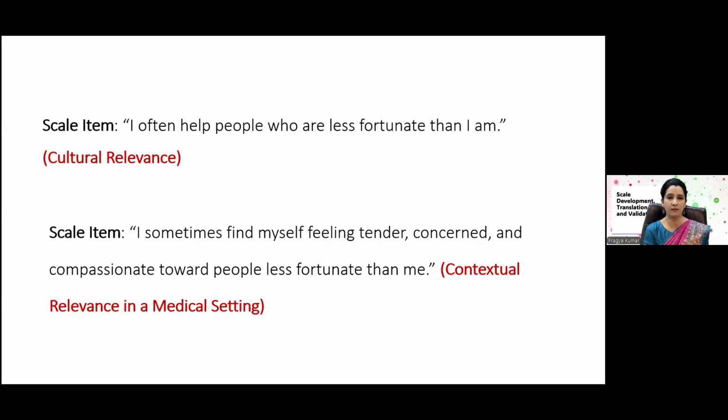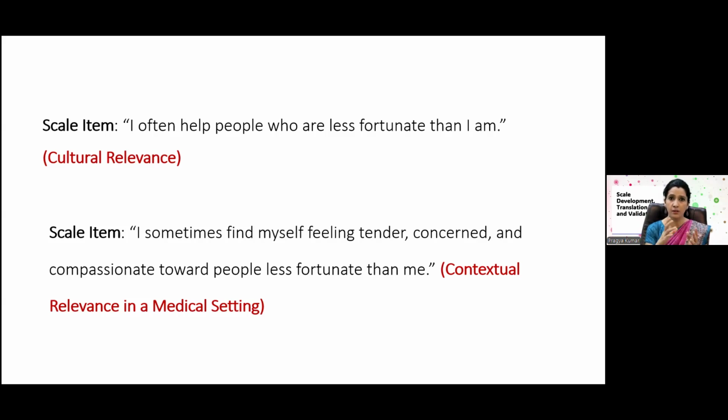Similarly, in many tribal populations or in many areas, people teach their kids that yes, you have to help people who are less fortunate. And there are many religions also, especially in Christianity, there are many missionary hospitals; they believe a lot in this.